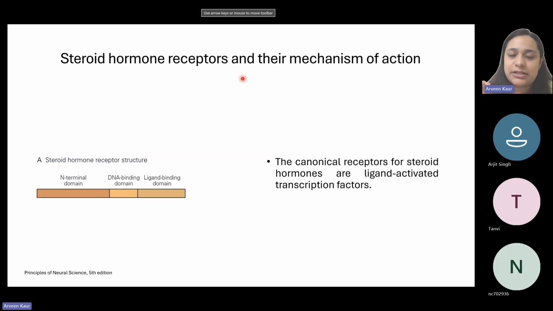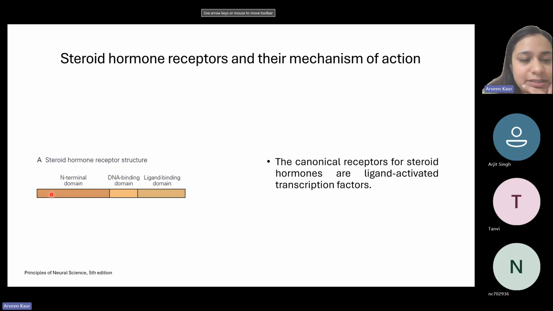Because these steroid hormones or these molecules are there, there are also some steroid hormone receptors that are present in our body, right? Now this steroid hormone receptor has this basic structure, right? This is the canonical receptor for steroid hormones. Canonical means the general basic receptor for steroid hormone, and these are ligand activated transcription factors, right?